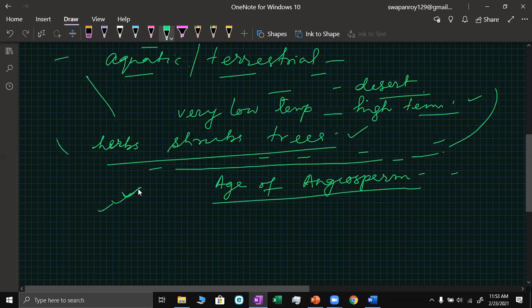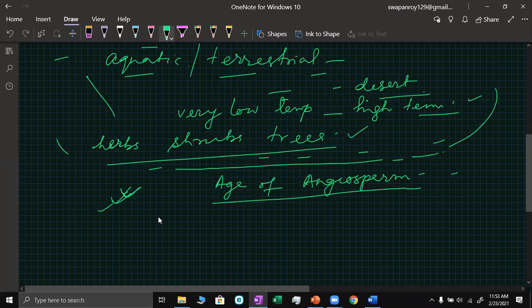Many of these species have already become extinct. And another thing is that the number of species in the gymnosperm is far, far less than the number of species in angiosperm.